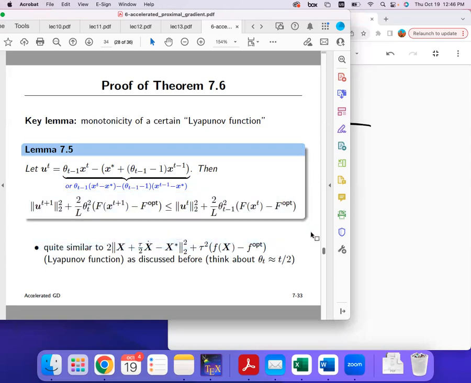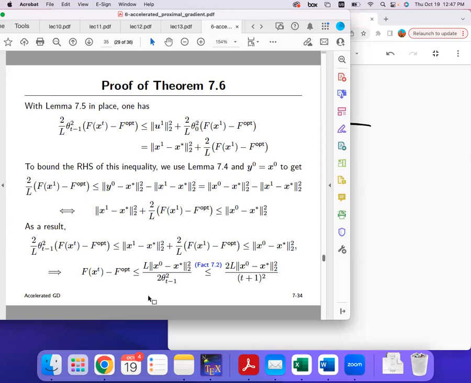This key lemma shows that once we add that momentum term properly with this specially chosen theta t's, we can have such a nice Lyapunov function. And this Lyapunov function will give us a convergence rate that depends on theta t square.